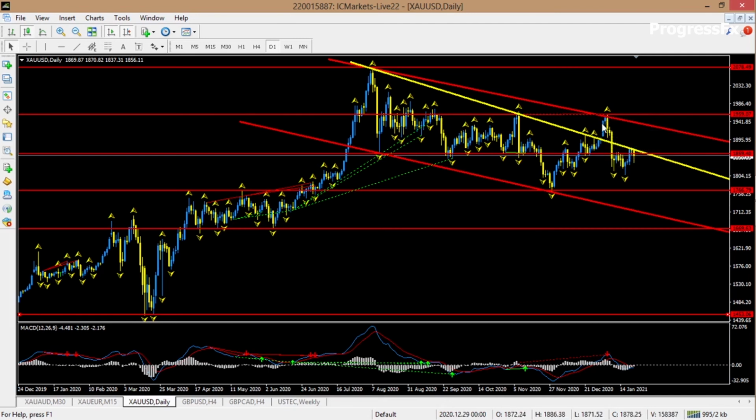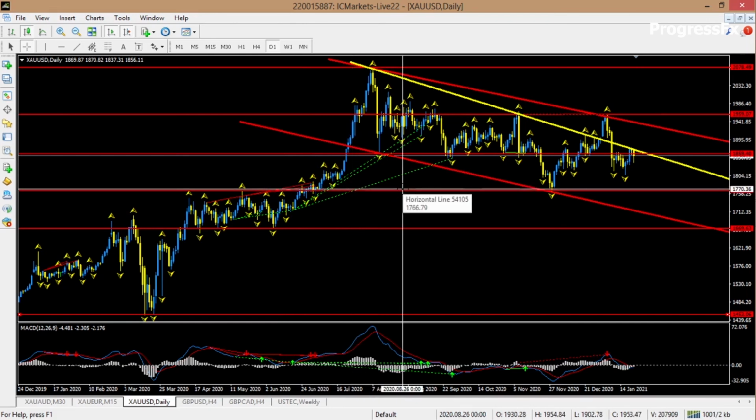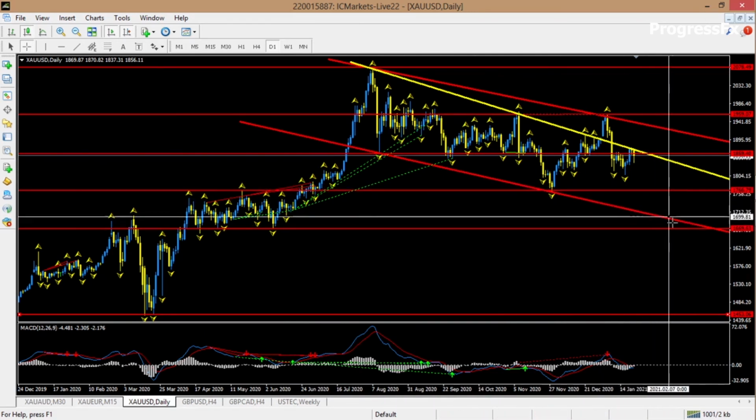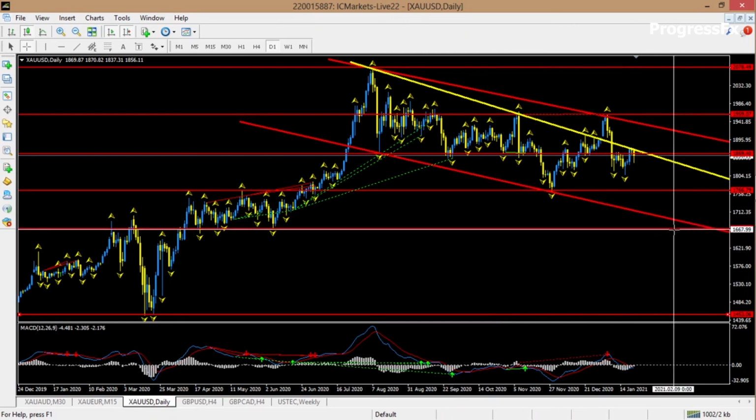I am not specifically trying to tell you that gold will head up immediately. No. But the possibility of gold coming down to this support level before heading back, or even breaking through to this last support level.